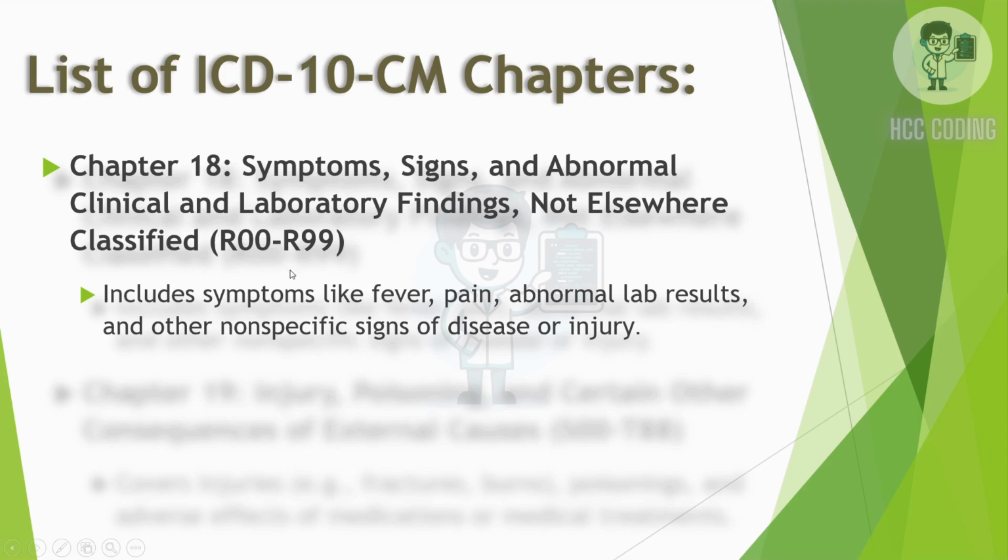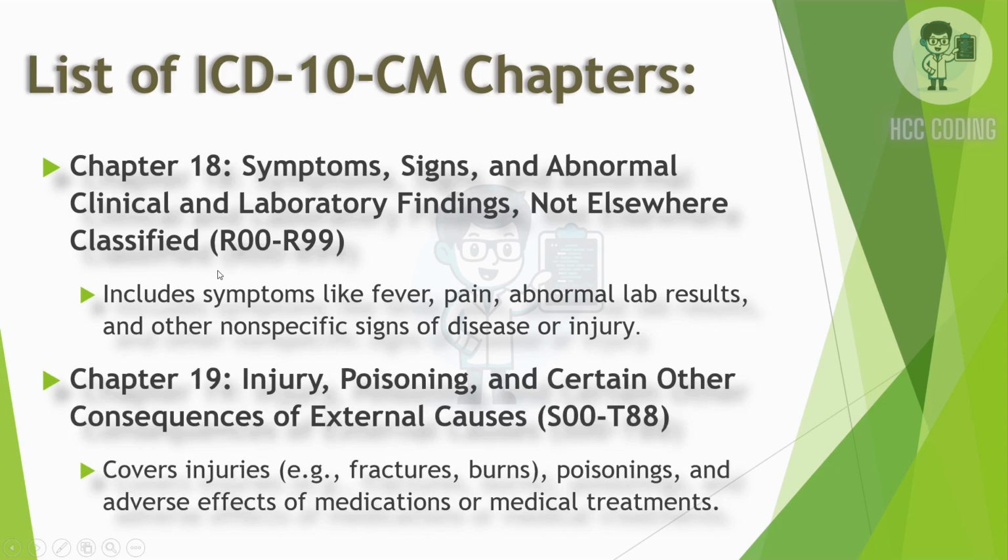All R category codes usually belong to the signs and symptoms of different types of diseases. And coming to chapter 19, injury, poisoning, and certain other consequences of external causes. The code category starts from S00 to T88, which covers the different types of injuries, that might be fractures, or any poisoning or adverse effect due to usage of any medication. If the patient is facing any complication, everything will be covered under chapter 19.